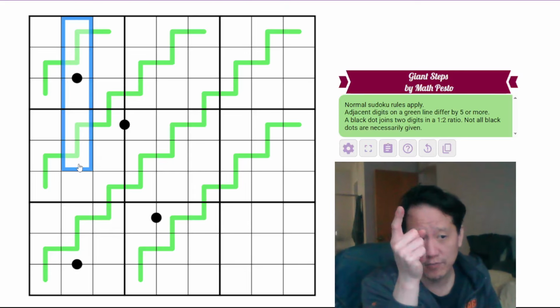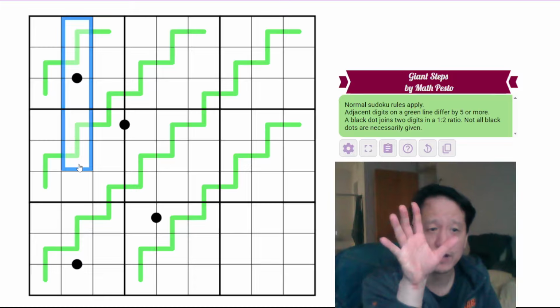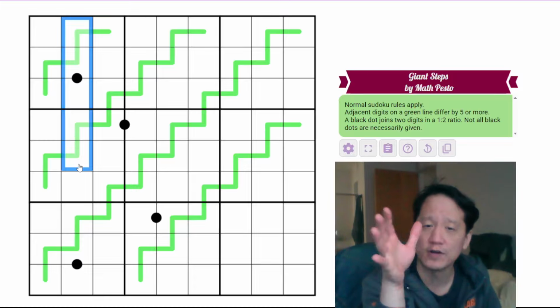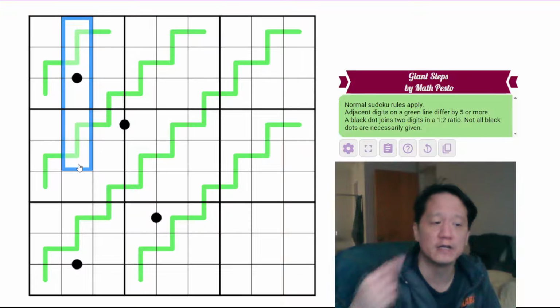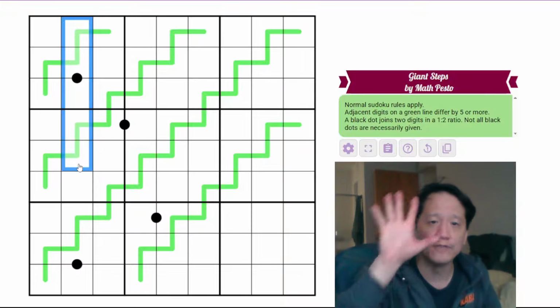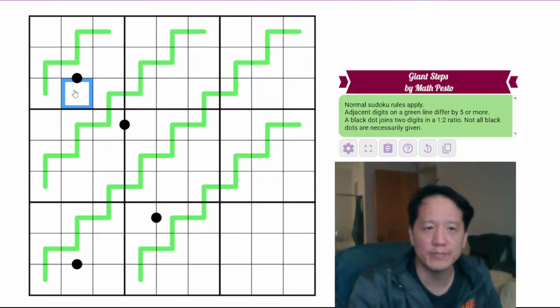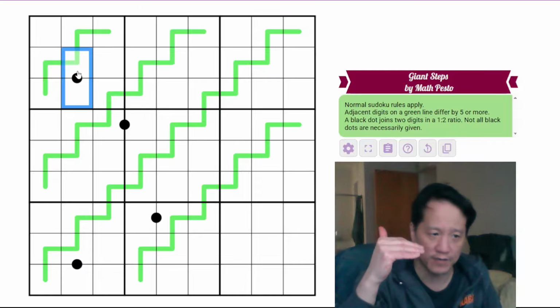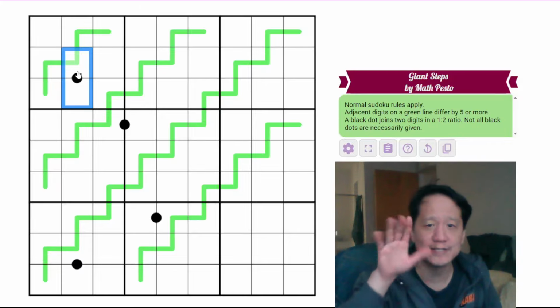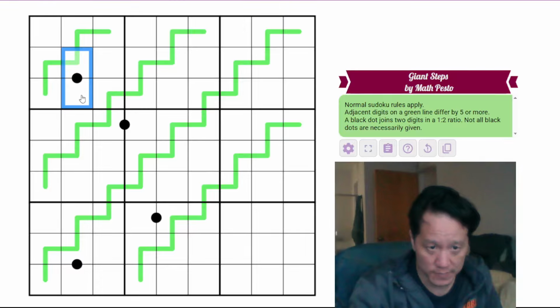And 5 can never be on a whisper 5 line, because if you subtract 5 or more from 5, you get 0 or less, which is not a normal Sudoku digit, and if you add 5 or more to 5, you get 10 or more, which are not digits. And 5 also cannot be next to a black Kropke dot, because if you halve 5, you get 2.5, and if you double 5, you get 10, neither of which are digits.